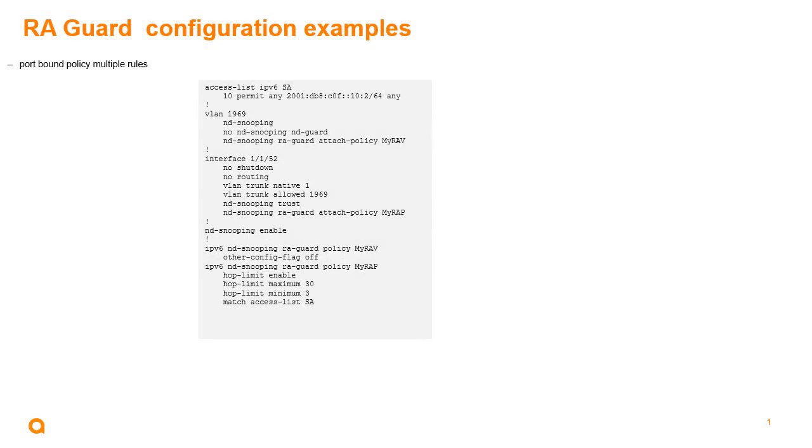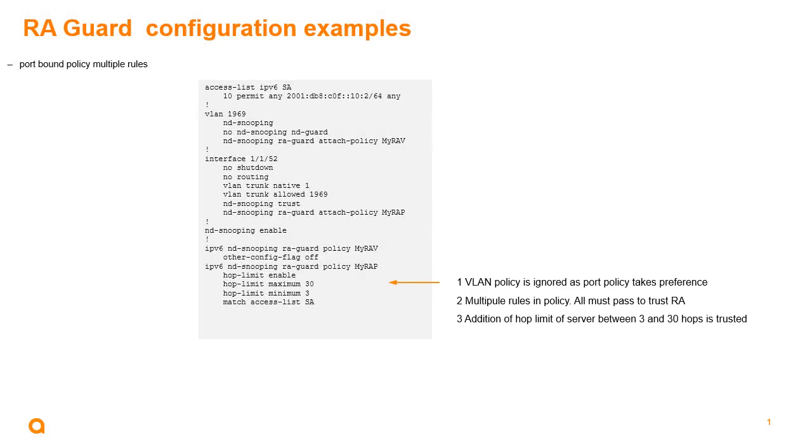Let's continue the configuration examples and look at a port-bound policy with multiple rules. Here I've just added to the previous policy for the port. I've added multiple rules in the policy.